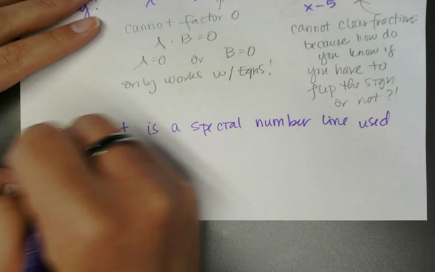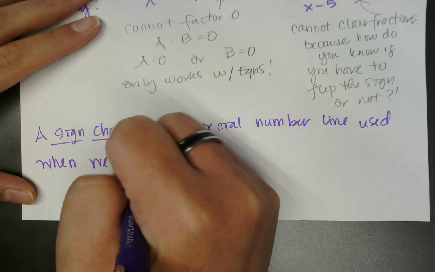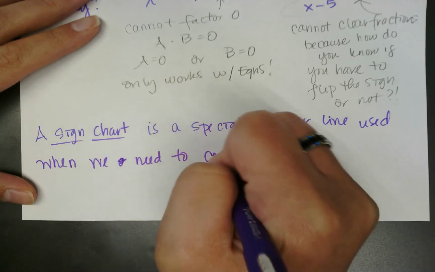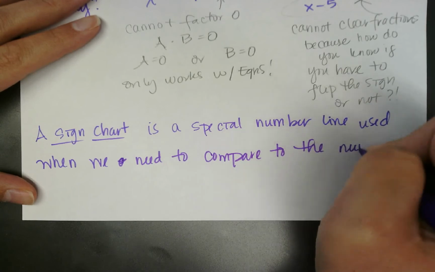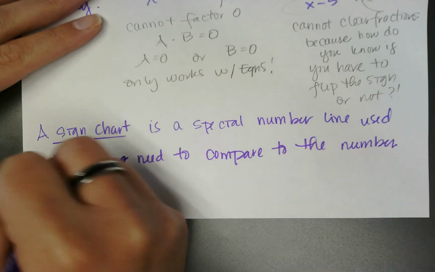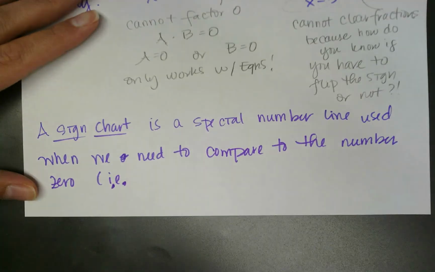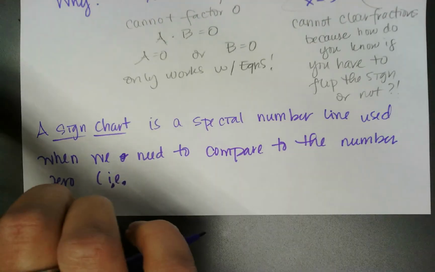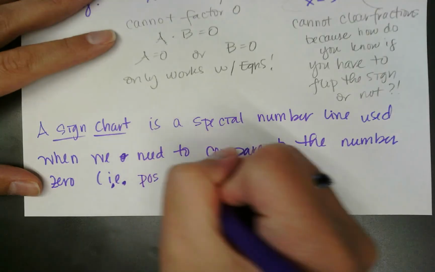Okay. So a sign chart is a special number line used when we need to compare to the number 0. So comparing to the number 0 means it's positive or negative, right?